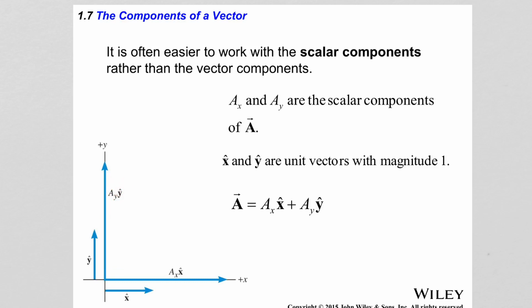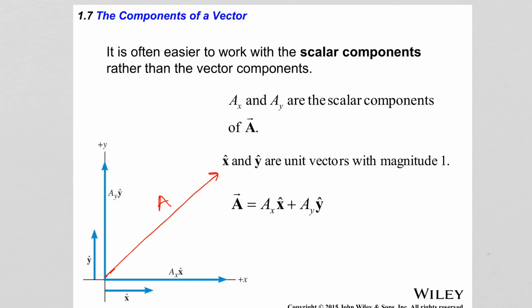So that's the vector component ax, and this is the vector component ay. Those two added together will produce this vector a, which would be somewhere here.